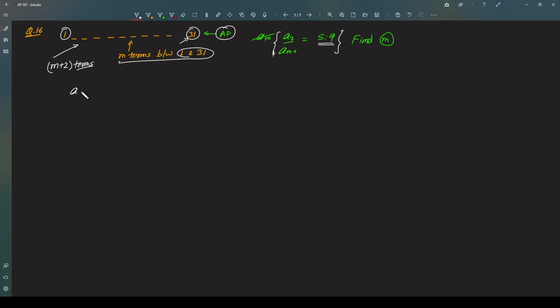So a plus (m plus 2 minus 1) into d is equal to 31, and a is 1. If you substitute that, you will get 1 plus (m plus 1) into d is equal to 31.